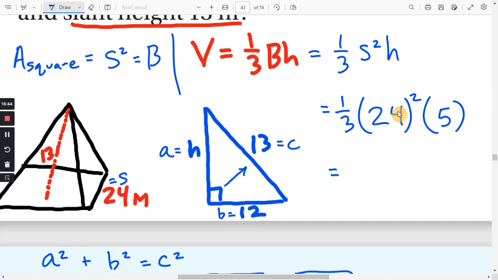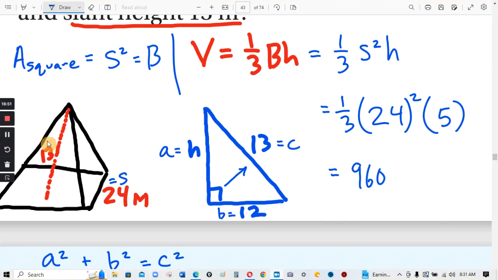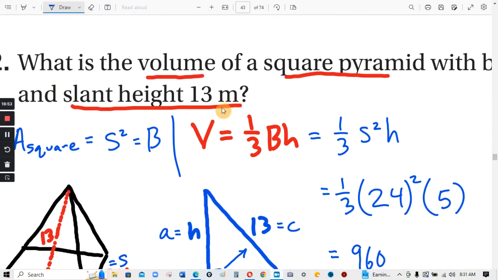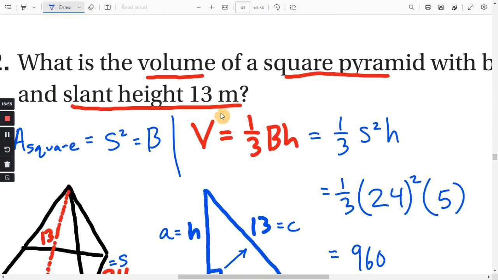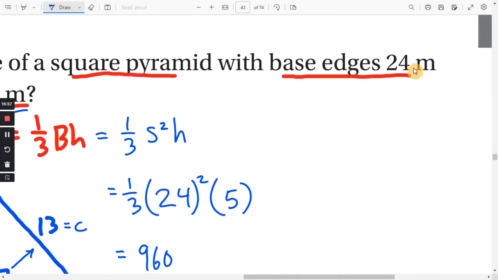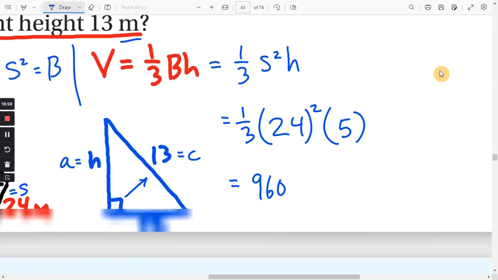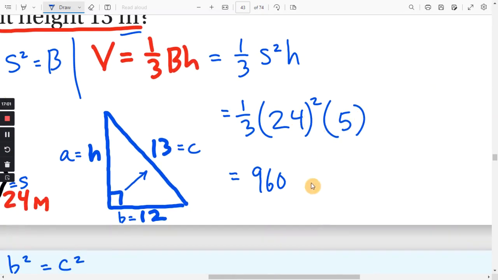Okay, I'll do 24 squared times 5 divided by 3 on the calculator. And I get 960. The units were matching. The units were meters for the slant height and meters for the base edges. So they did match. Meters squared times meters gives us meters cubed. So that is the volume of the pyramid.